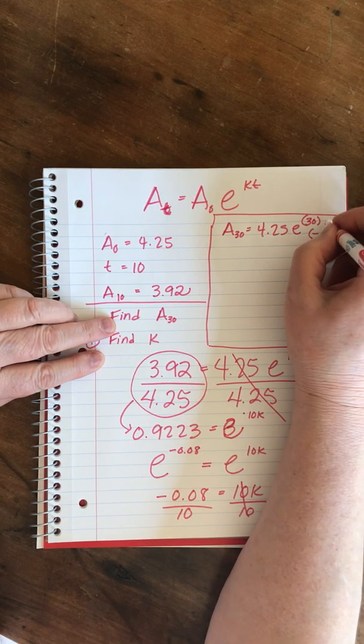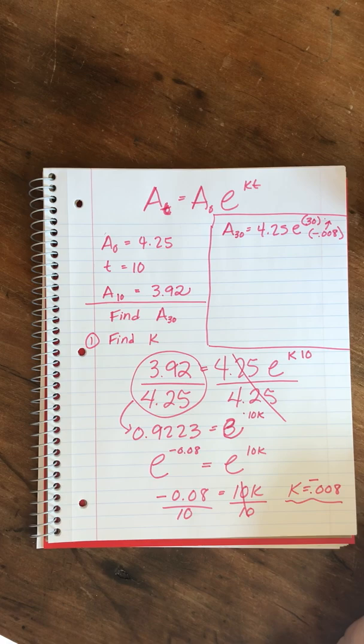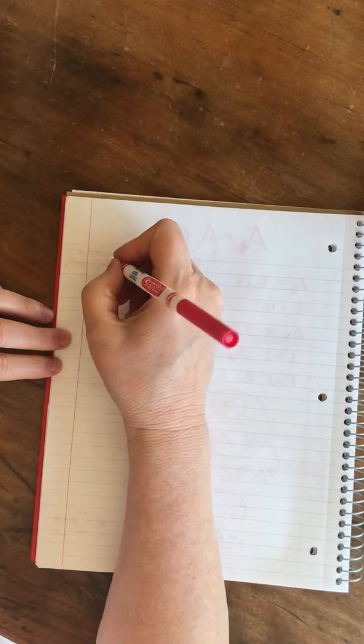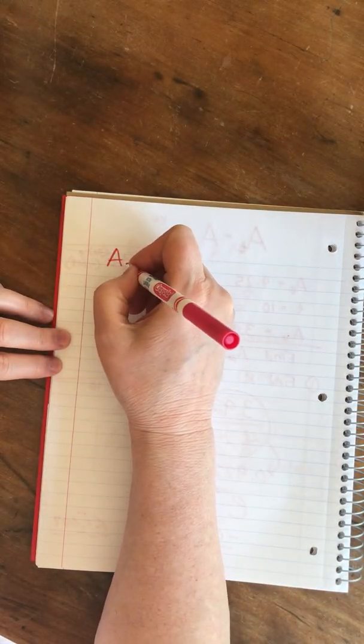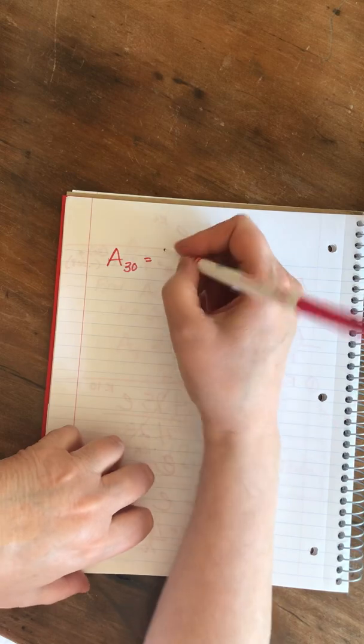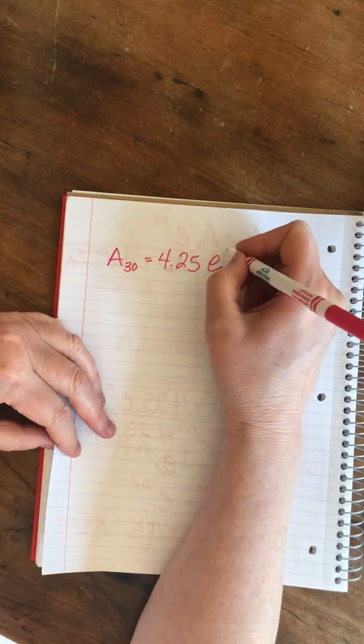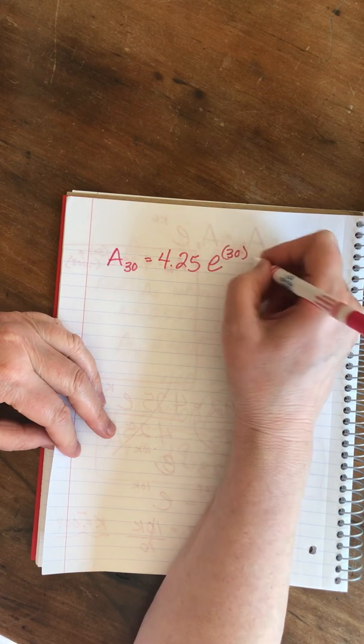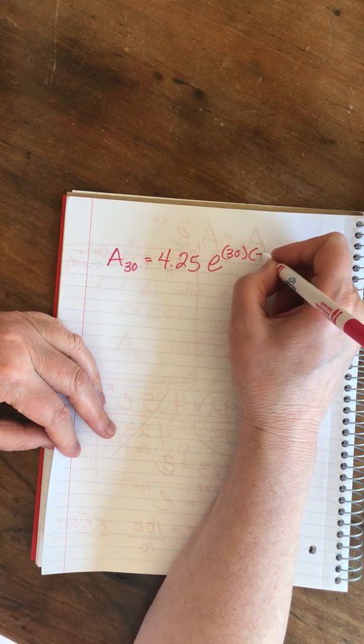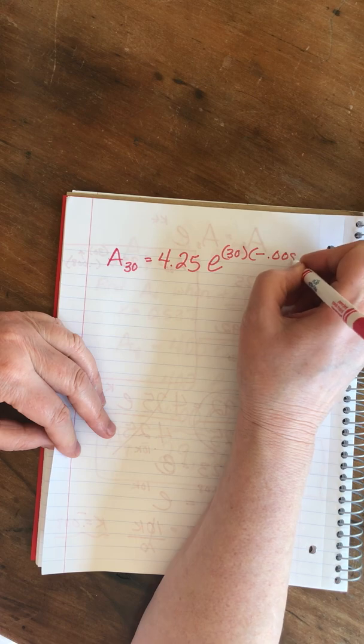Okay, so that's up here. It's part of the exponent. Now that's going to bother me. Let me write it on the other page. A to the 30th equals 4.25 times e to the 30 times minus 0.008.